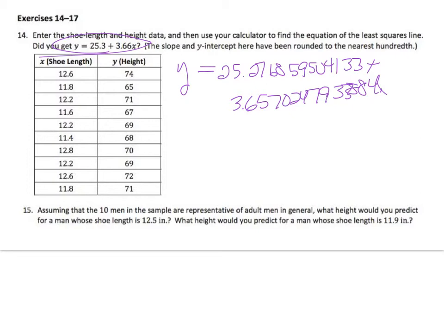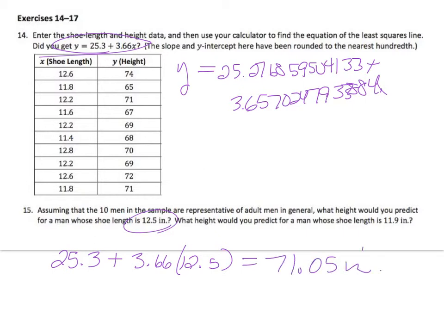Assuming that the 10 men in the sample are representative of adult men in general, what height would you predict a man whose shoe length is 12.5 inches? If we had our calculator, we could do this a lot easier because we have that line of best fit in our calculator now. But plug and chug right there, I get 71.05 inches.